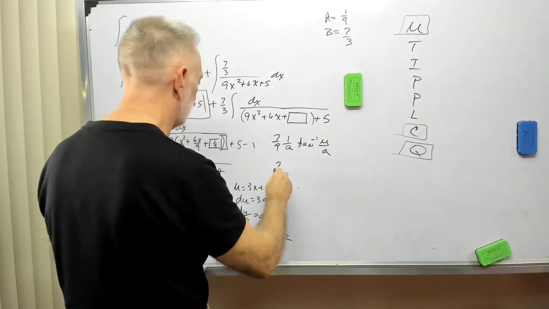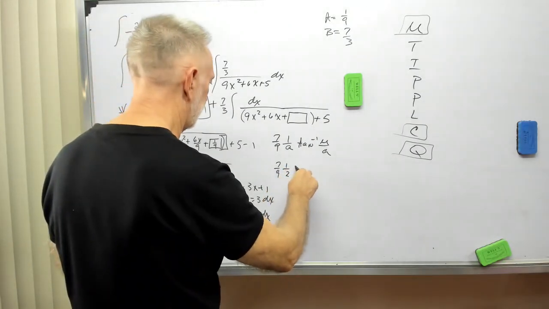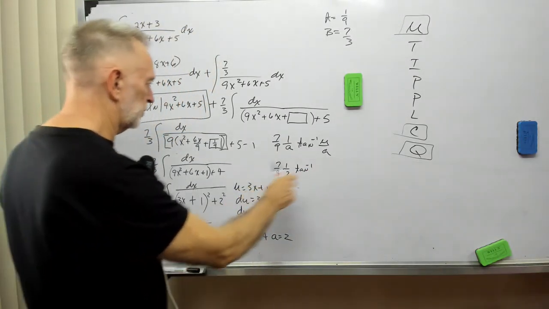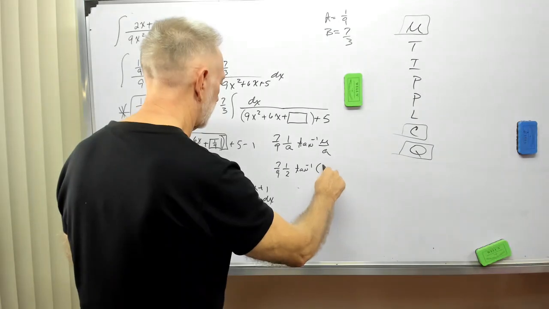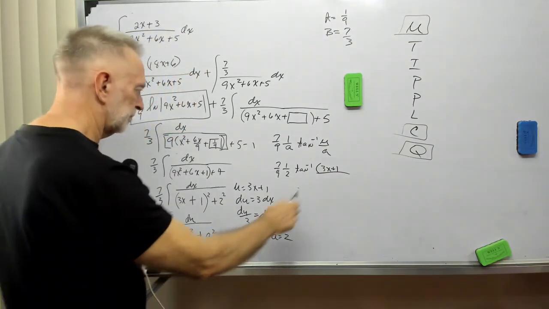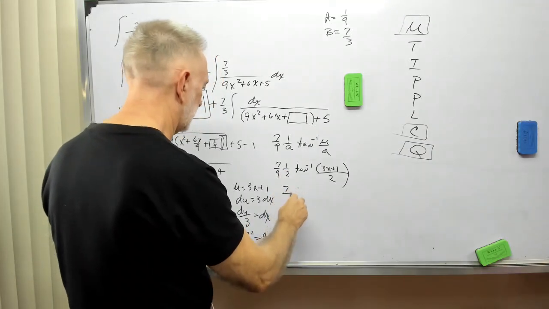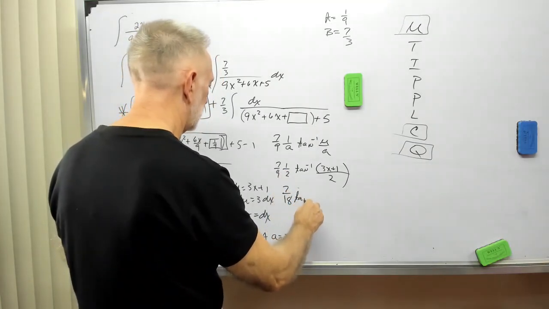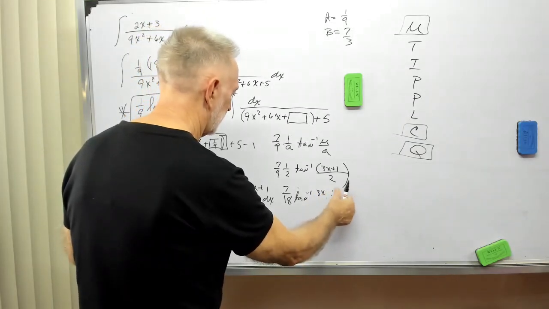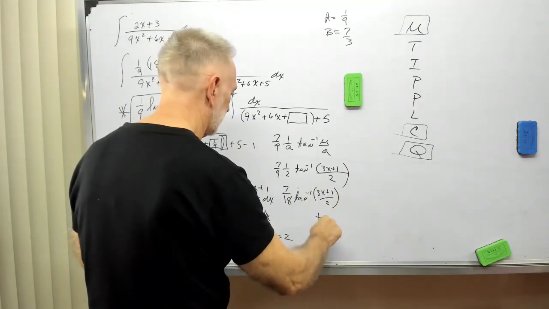So in this case, 7/9 times 1/2 tangent inverse of u, which is 3x plus 1, over a, which is 2. So I've got 7/18 tangent inverse of (3x plus 1) over 2 plus c.